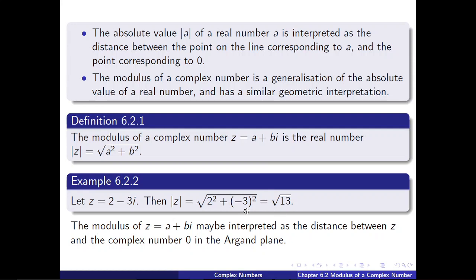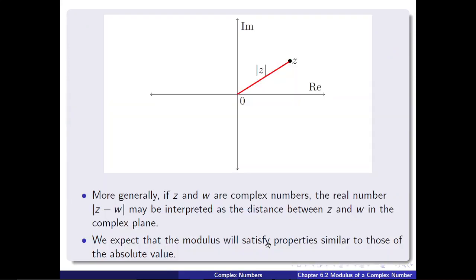And so the modulus of z, which is equal to a plus bi, may be interpreted as the distance between z and the complex number 0 in the Argand plane. And this is what the figure here is showing us, that if you've got a complex number z, then its modulus is the distance between z and 0.